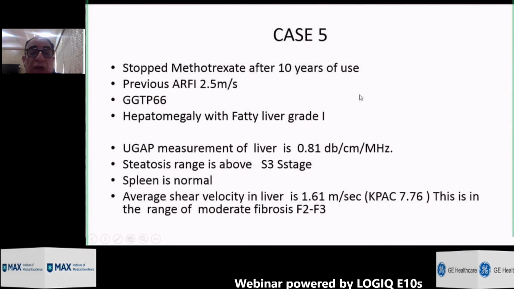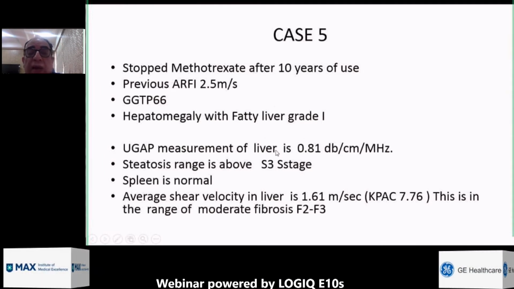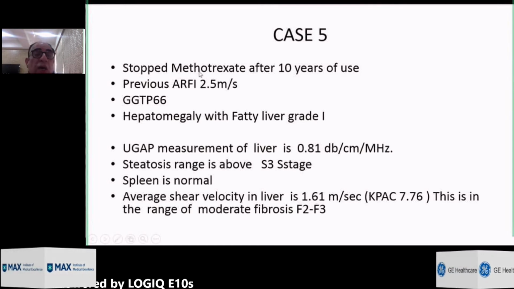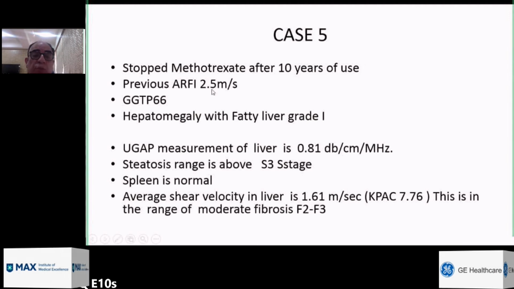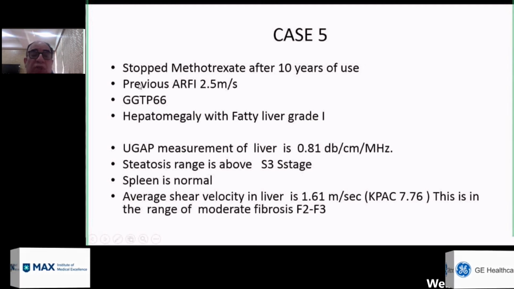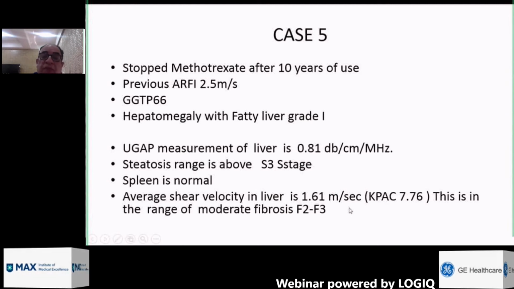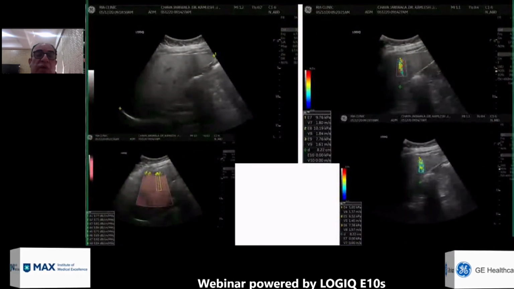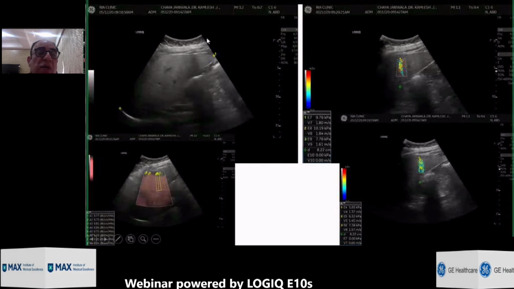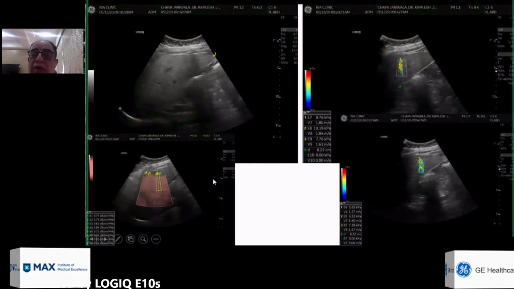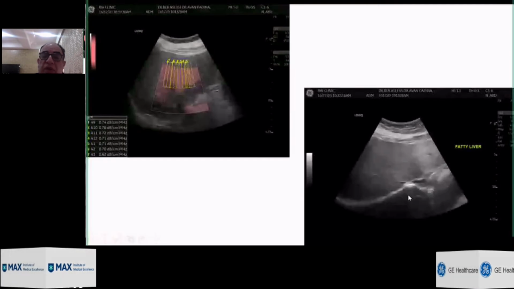At that time we didn't have UGAP, and now we have UGAP, which tells us that her fat content is 0.81. Her RFE or shear wave value has dropped from 2.5 to 1.6. She has stopped methotrexate for the last 10 years, which has been a great advantage to her. Here again, we would have called it grade 1 fatty liver, but we now have objective methods for quantifying this.